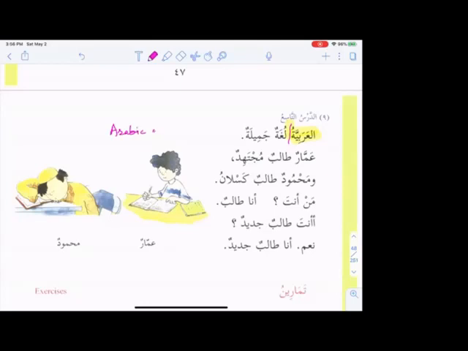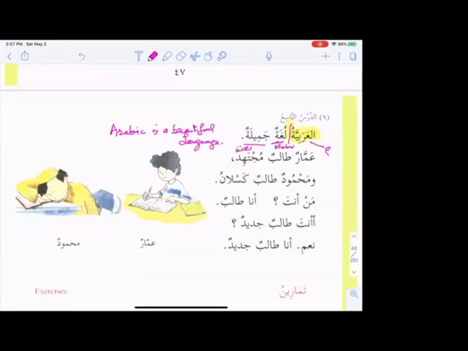Okay, brother, analyze it now. So what will be Al-Arabiyatu? I will write it down short. Mubtada. Where is the khabar? This is your khabar. And what is this? This is naat. Who's naat? Lugatun.